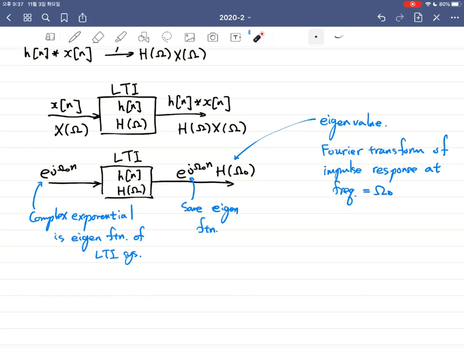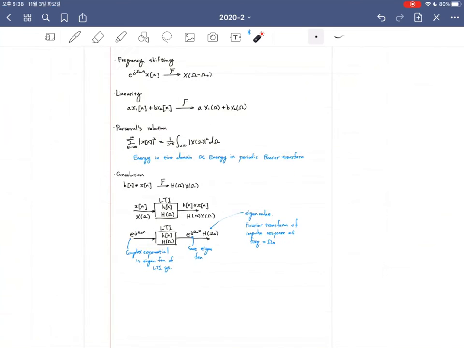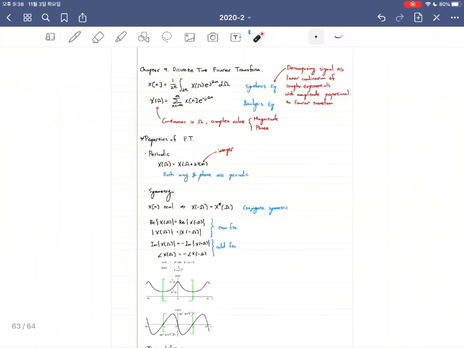I know the mathematical derivation is very important, but I would like to place emphasis on the intuitive interpretation also. So x[n] can be represented by this linear combination of complex exponentials, and the amplitude was proportional to X of omega, right?